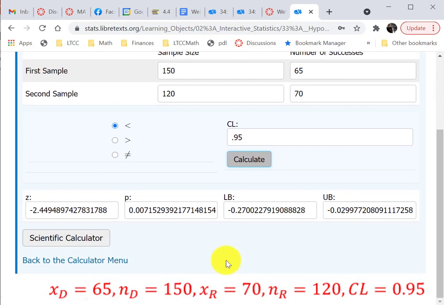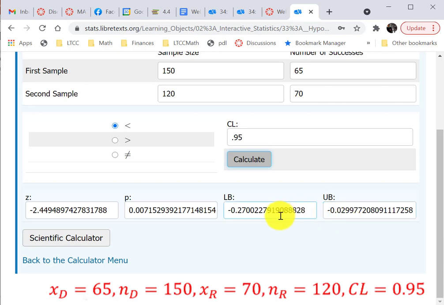And then I look, and there we have it. Notice the p-value is 0.007, definitely small enough to reject the null hypothesis and accept the alternative hypothesis. The lower bound is negative 0.27, and the upper bound is negative 0.03.